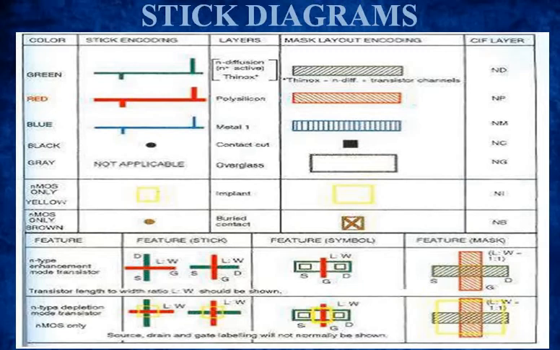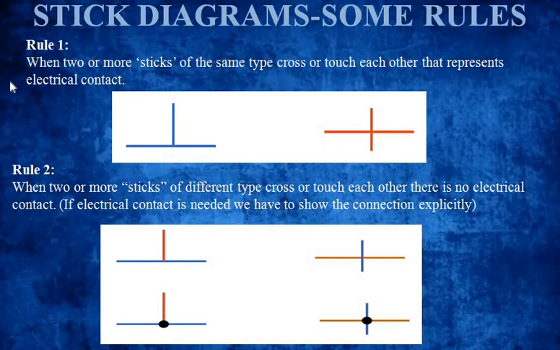Before seeing an example, there are some rules for stick diagrams. We'll go through those rules once. There are 4 particular rules. The very first one is, when 2 or more sticks of the same type cross or touch each other, that represents electrical contact. For example, blue represents your metal.